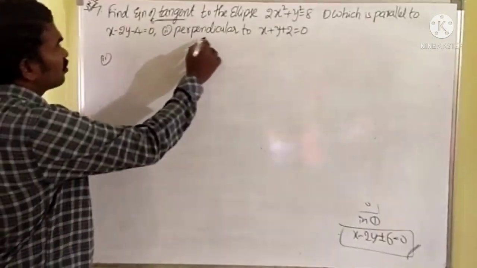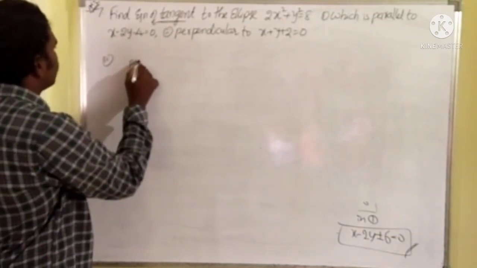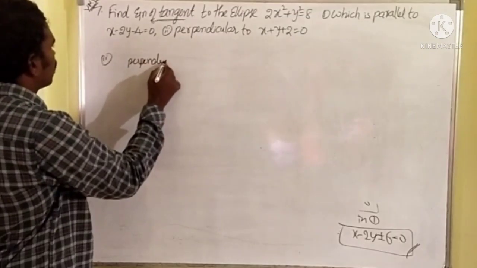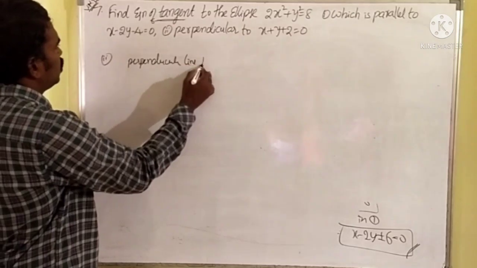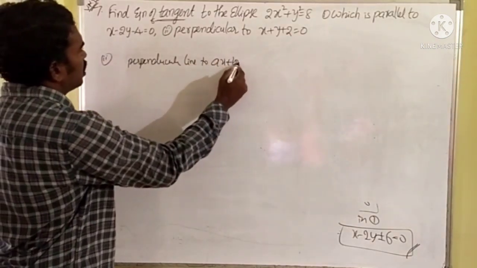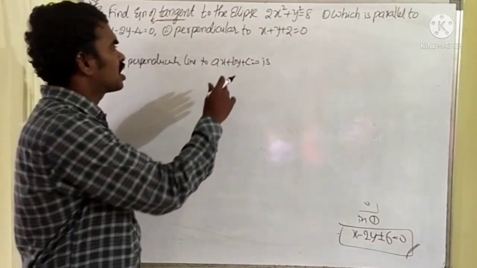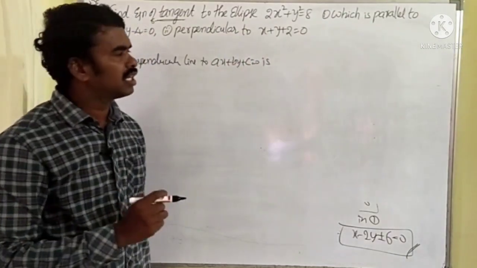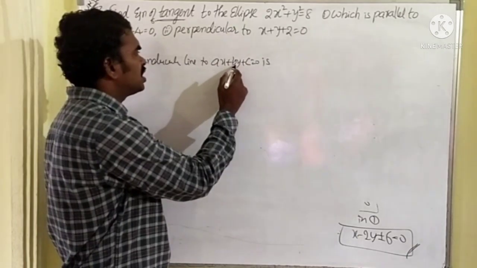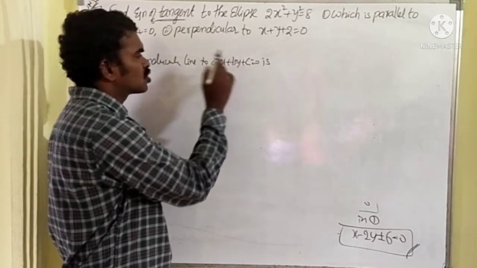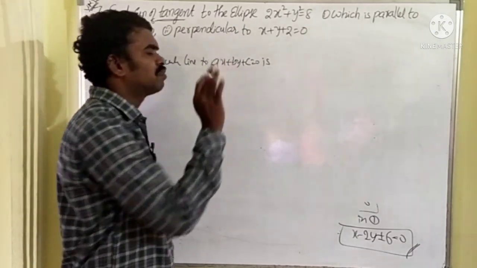Second one, perpendicular. What is the perpendicular line to ax plus by plus c equal to 0? Here we write some other constant, the y coefficient goes to the x place, the x coefficient goes to the y place, and plus becomes minus.